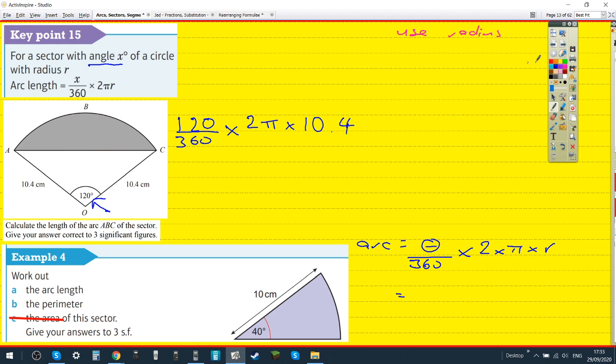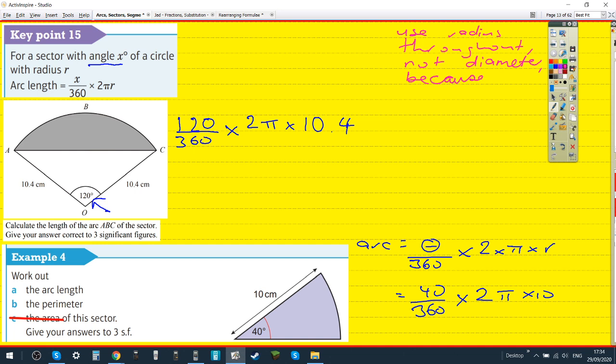What is the angle? For example 4, 40. Yeah. So the fraction of a circle that this one is, is 40 out of 360. I think it's a ninth. Then it's times 2 pi r. And what is r? Then you have to times it by 10. Yeah, well done. Okay, try putting that in your calculator. It says 3 sig fig. Okay.